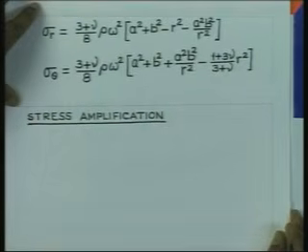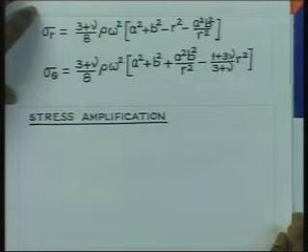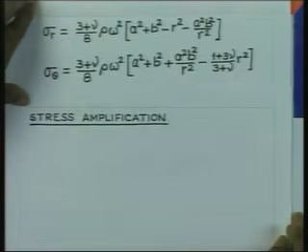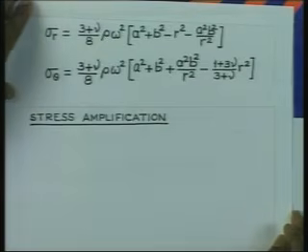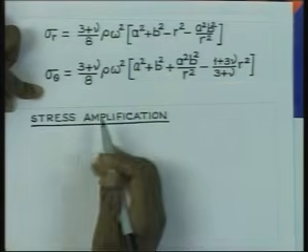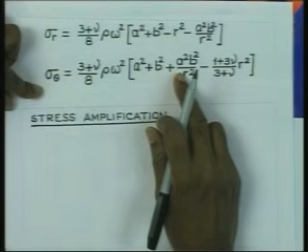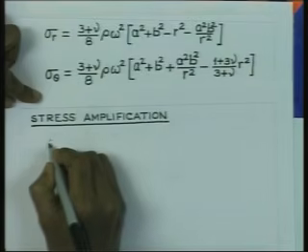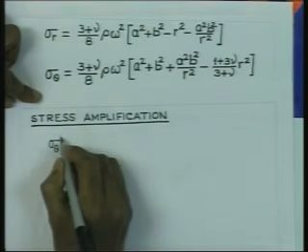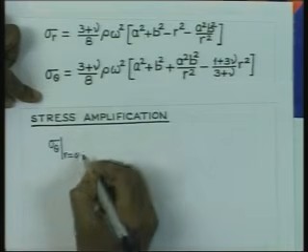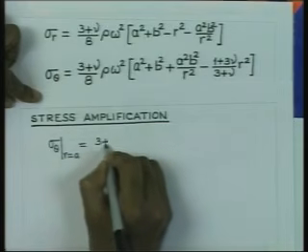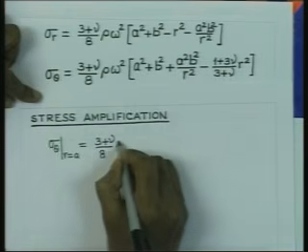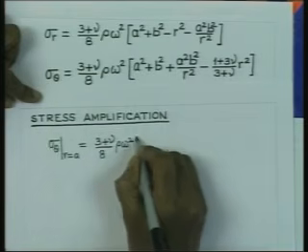What I am going to show you is that there is going to be a tremendous stress amplification due to this hole radius being shrunk to 0. So, if we now consider this hoop stress at r equal to a, sigma theta at r equal to a is going to be given by (3 plus nu) by 8 rho omega square.